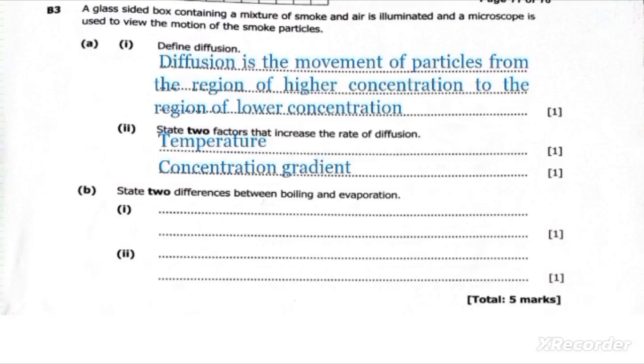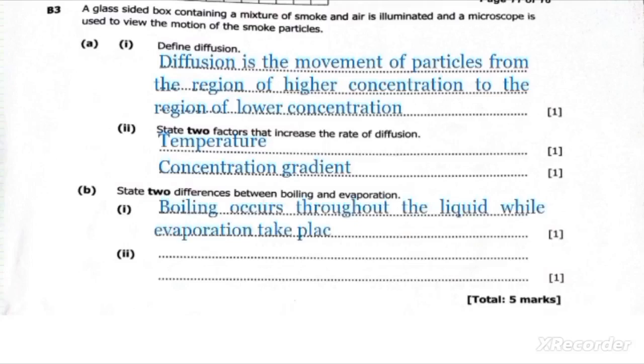Now let us move to the next question, which is question B. Question B states two differences between boiling and evaporation. So here are the two differences. Number one, boiling occurs or takes place throughout the liquid, while evaporation takes place at the surface of the liquid.